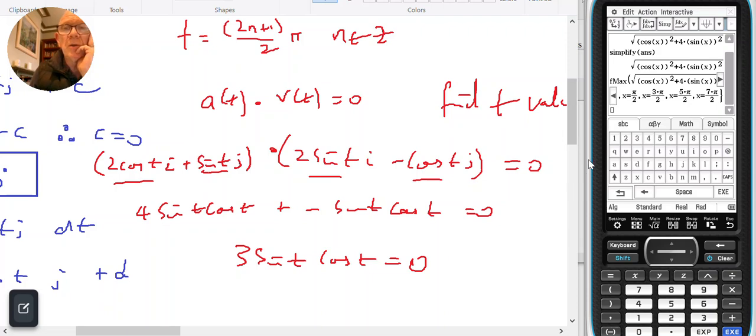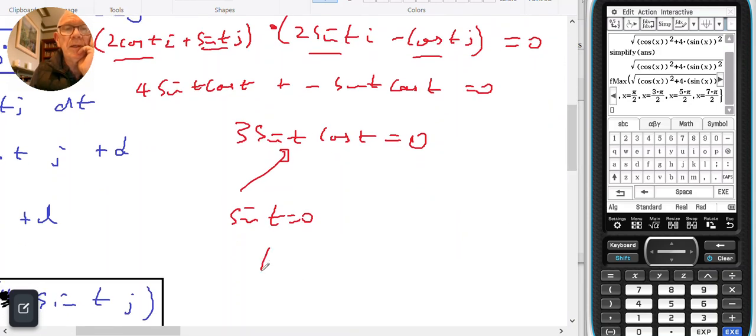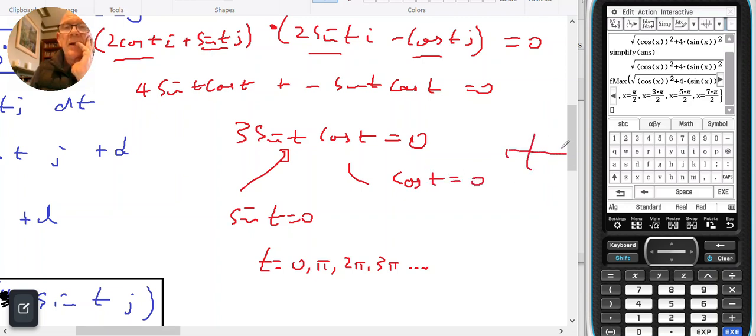Using the null factor law, that's going to happen when sin(t) equals 0, which is when t equals 0, pi, 2 pi, 3 pi, etc. Or when cos(t) equals 0, that's going to happen here and here and here and here.